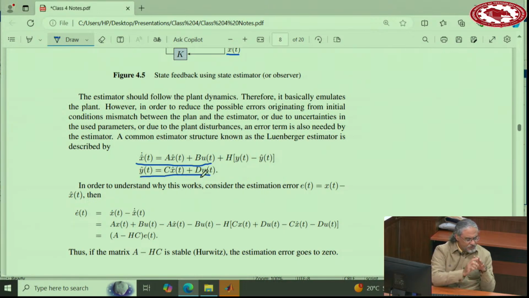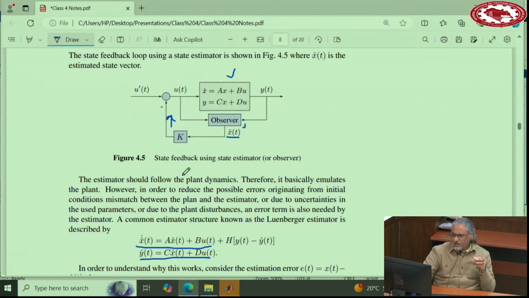However, due to two facts, one, uncertainties, and the other one, initial conditions. Because we don't know at what initial conditions the system starts, it's not necessarily zero.